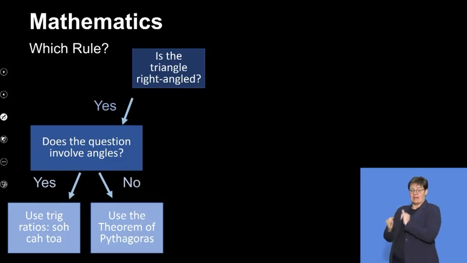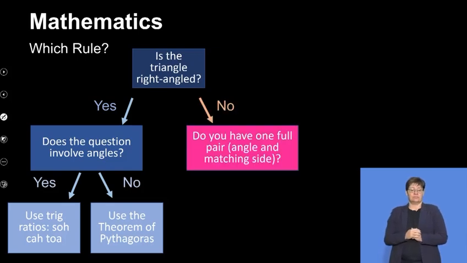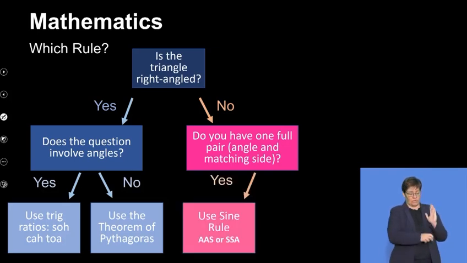Now we get to the grade 11 work. If the triangle is not right-angled, then we've got to ask, do you have one full pair, that means an angle and its matching side, the side across from it? If you do, then that's the green light for the sine rule.